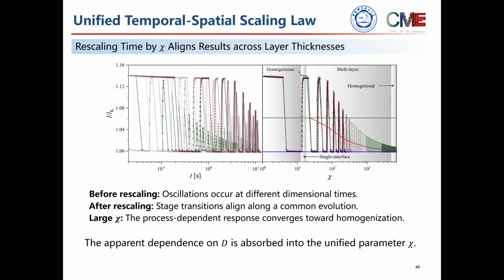We can see on the left, the oscillation occurs at different dimensional times for different layer thicknesses. But on the right, after plotting the same response against K, the stage transitions align much more clearly. We can identify the early homogeneous stage, a region where the individual crossings are important, a multilayer interaction region, and finally a decay toward homogenization.